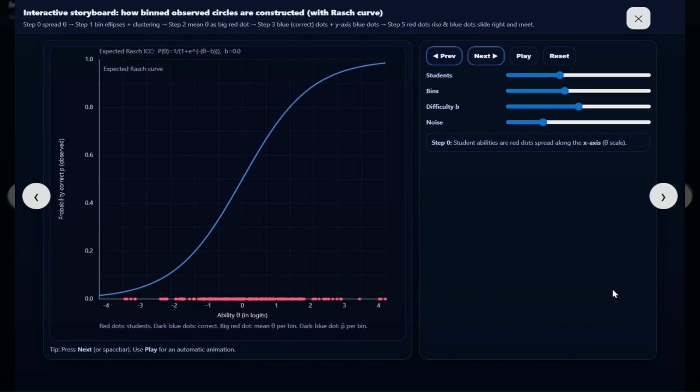So suppose now we fed our Rasch software with this student response matrix, which is a 0 1 matrix across all students and items.